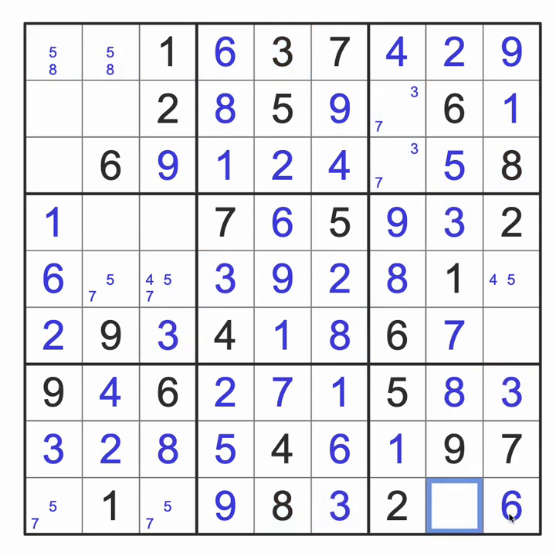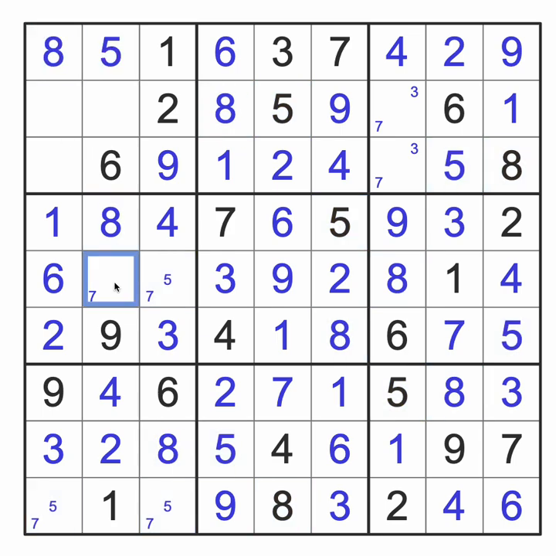The last number of this box or this column is 4, and the last number of this row is 5, makes this cell 4. So these two cells are left with 4 and 8. 8 here makes this cell 4. 8, 5, 8, 7, 5, 7, 5.